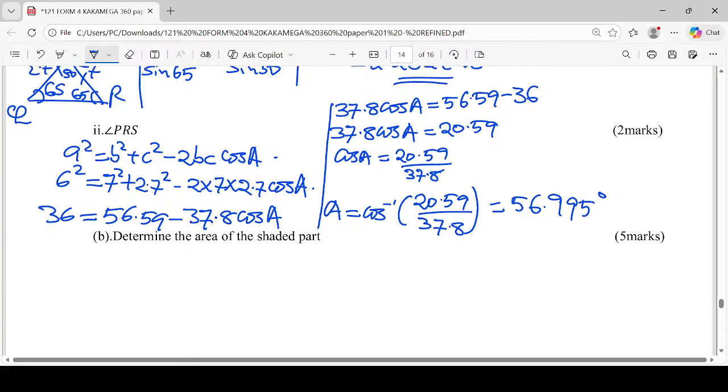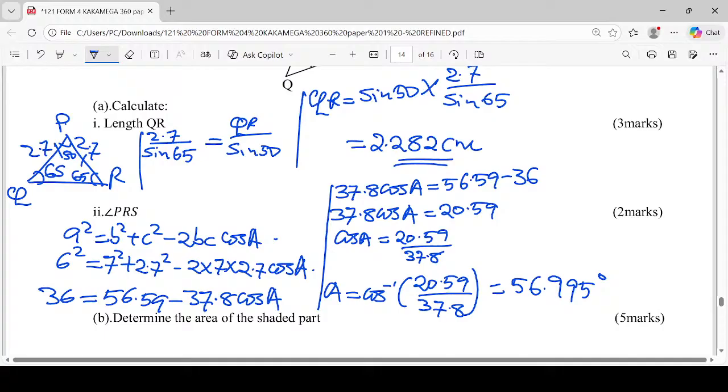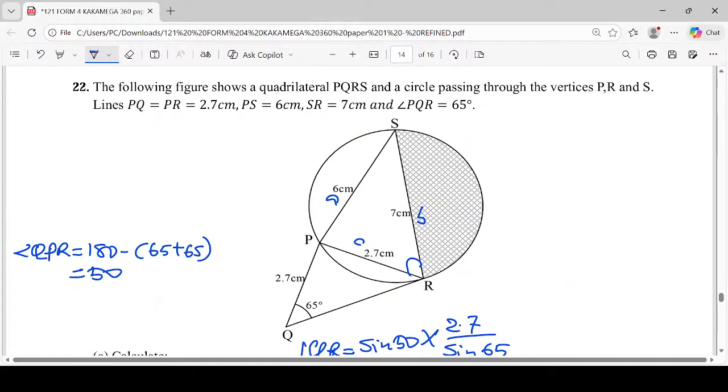Determine the area of the shaded part. Let's look at the shaded part. The area of the shaded part, let's see. We want to determine the area of the shaded part. First of all, I'm trying to see the better way of tackling that. How do you get the area of that shaded part?